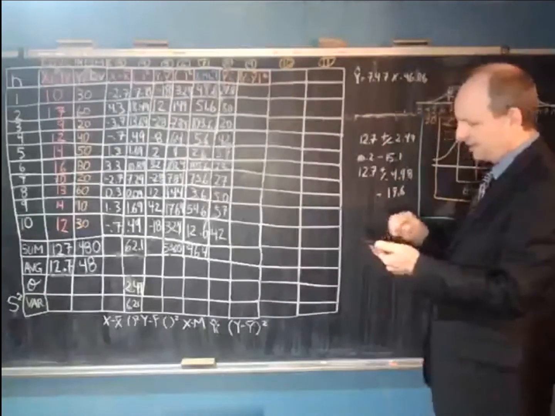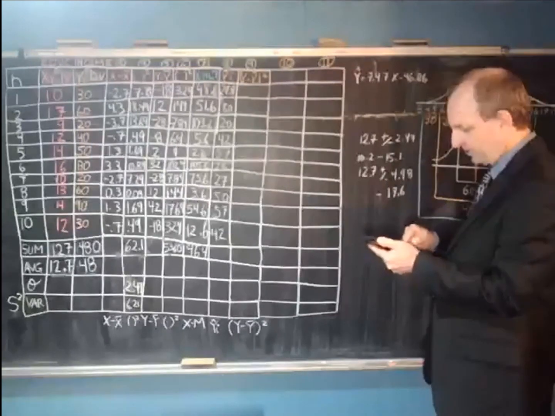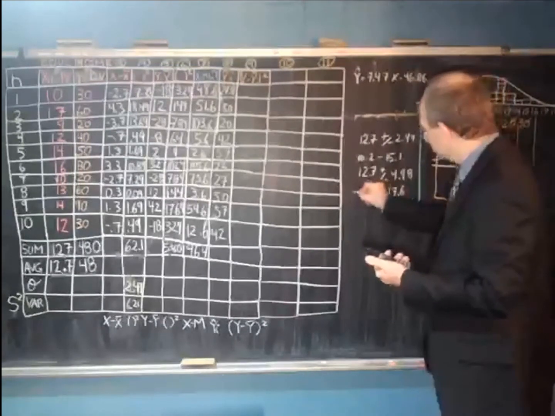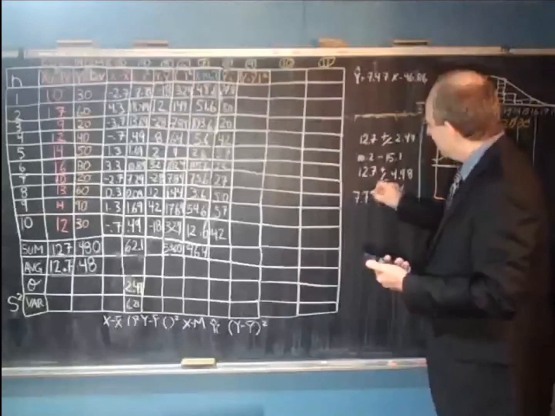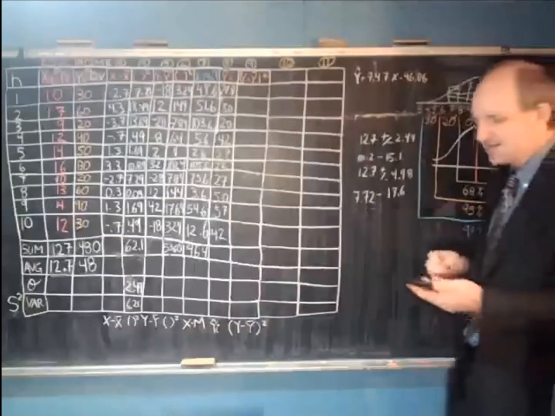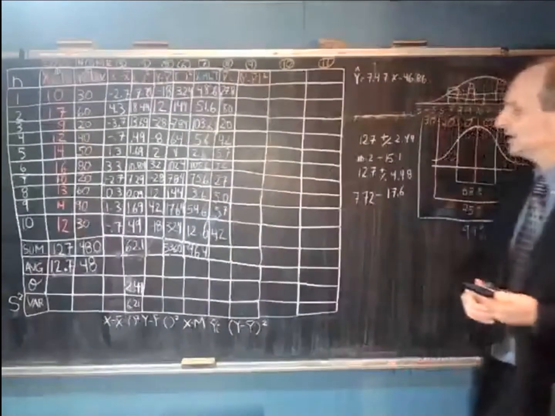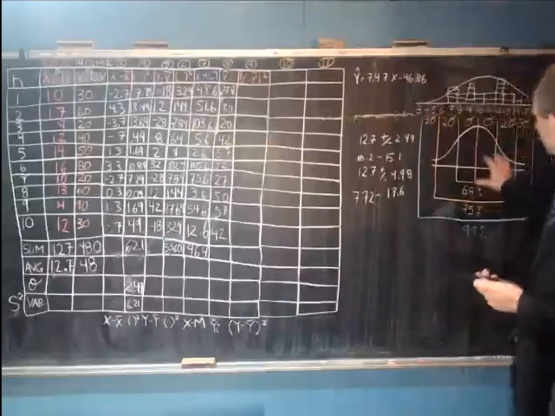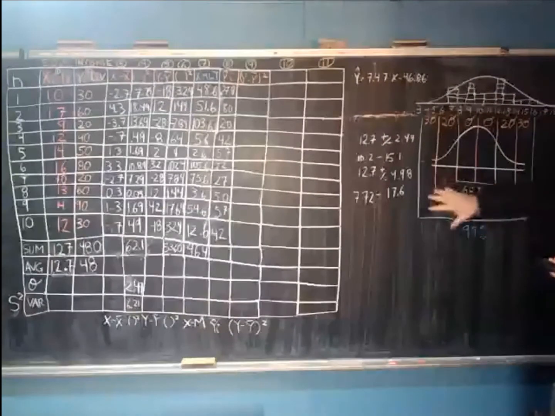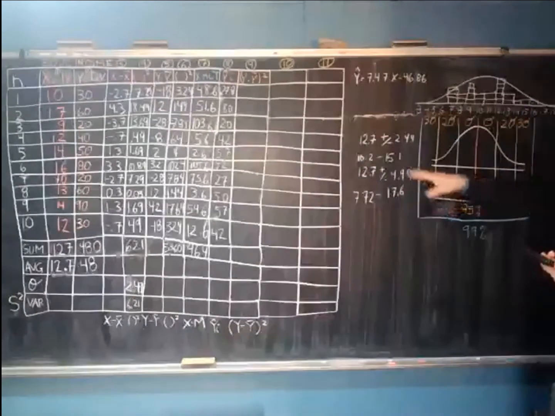The lower range would be 12.7 minus 4.98. That's 7.72. So 95% of people will be in school between 7 and 17 years. Right? So it's a useful way of characterizing data, because we can then see how common it is for certain characteristics to fit within certain ranges of values.